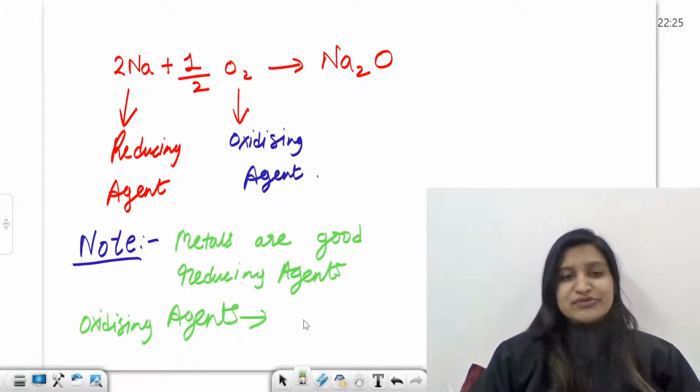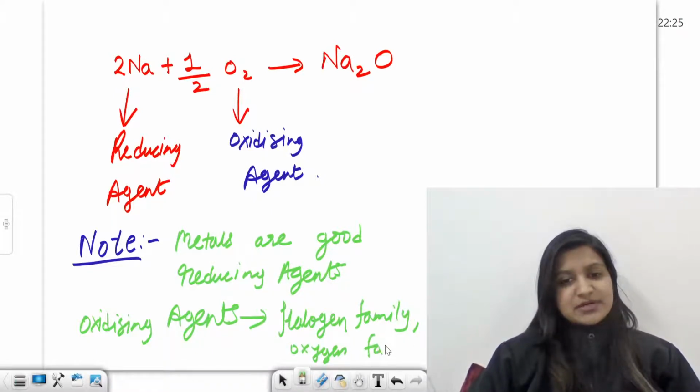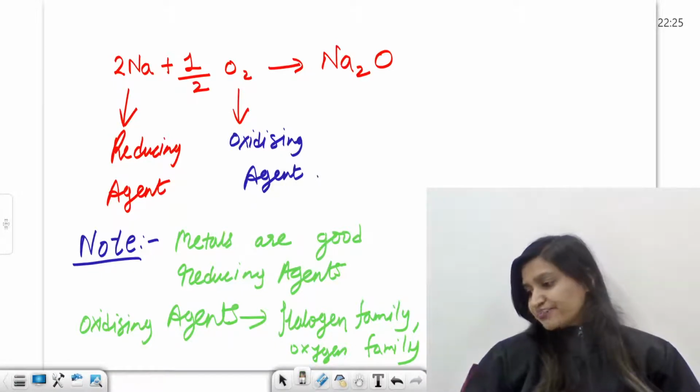Non-metals, you can say the halogen family and the oxygen family, correct? These will be good oxidizing agents.